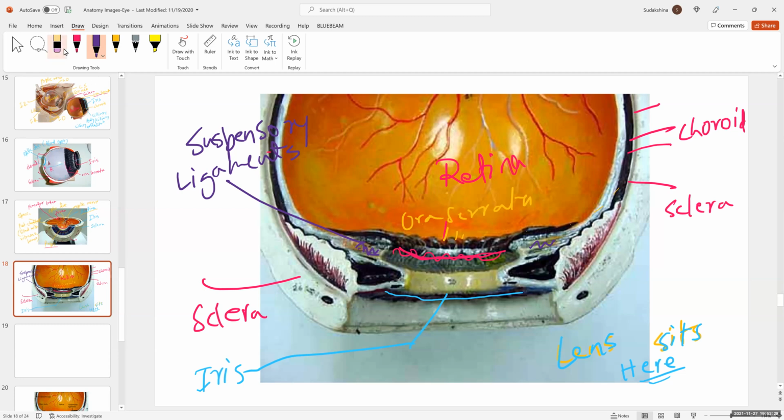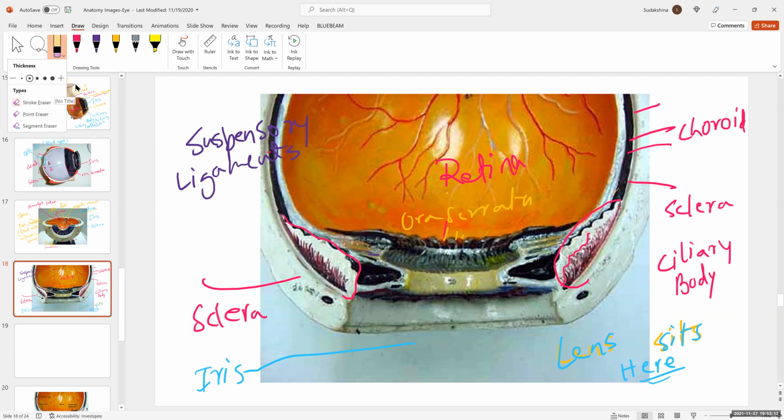So ciliary body, let me erase the suspensory ligament, the lens and everything else. Which one is the ciliary body? Basically, look at this. All of this and this, all of that. This is what we call ciliary body. You know what? Earlier, I think I spelled ciliary with a double L. Ciliary body. Basically, the ciliary body is made of ciliary muscle and ciliary process.